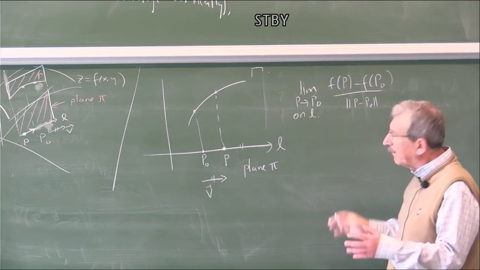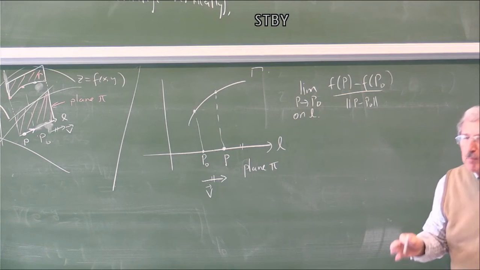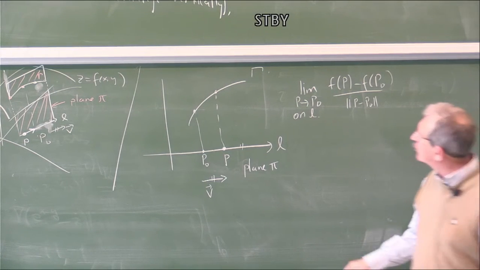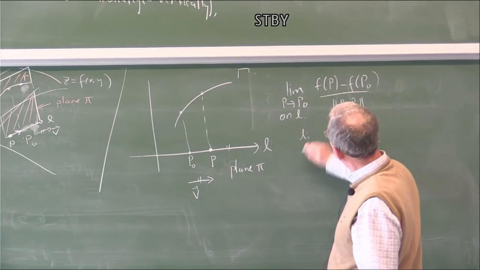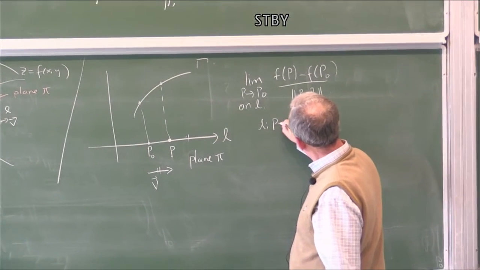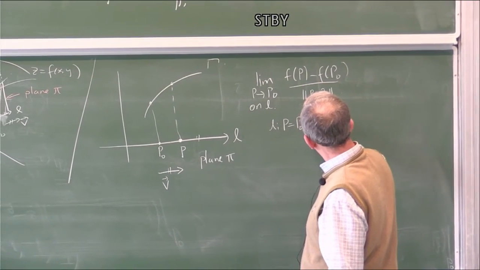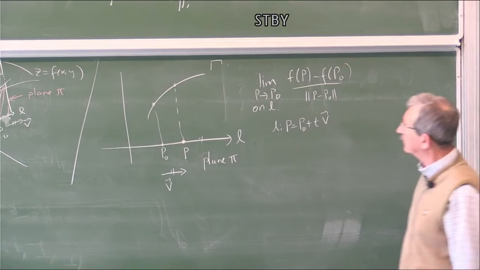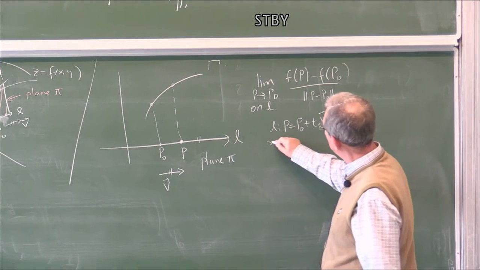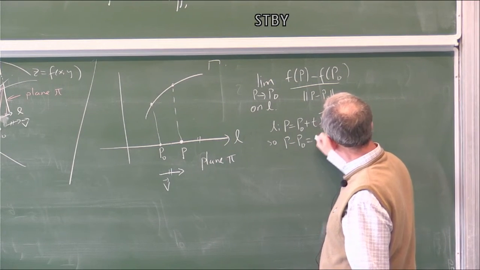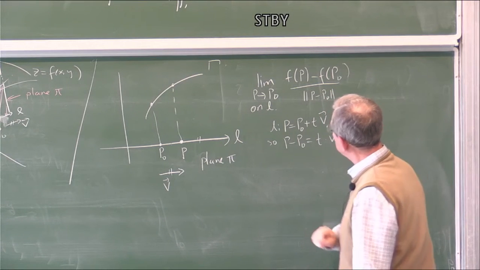Everything is fine so far, but we are in a plane, let us use it. Firstly, L is p0 plus tv. So p minus p0 is t times v.